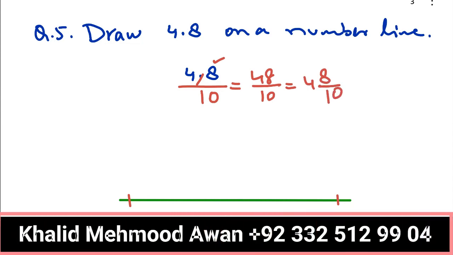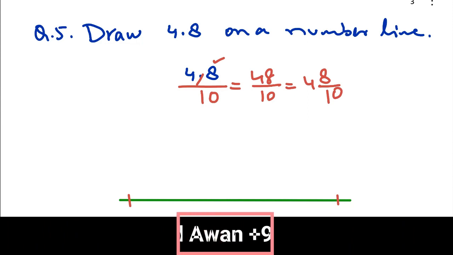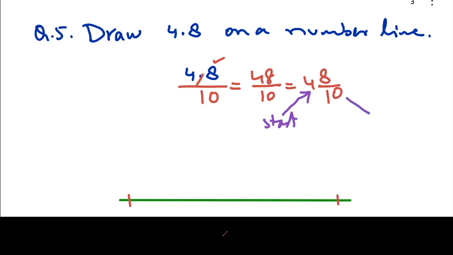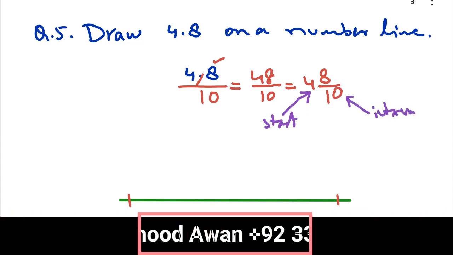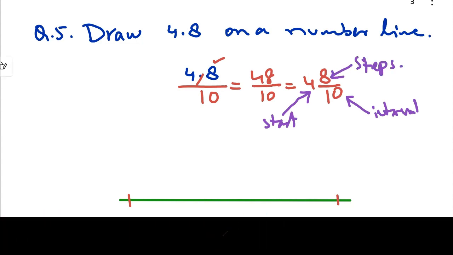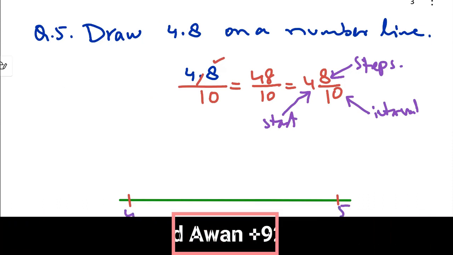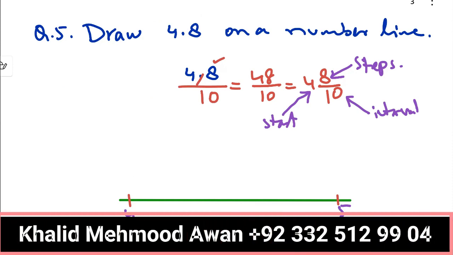So this looks like the previous example: it has a starting point, intervals, and steps. What is the starting point? The starting point is 4, the next integer after 4 is 5, and the intervals are 10, so it means we need to draw 9 lines.